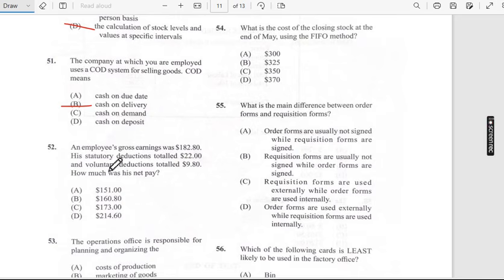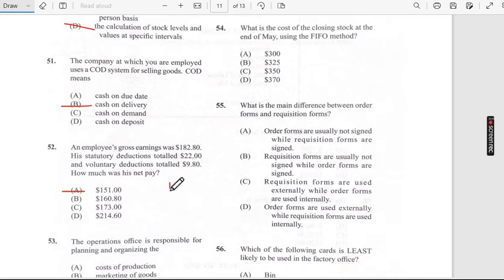Then another voluntary deduction of 9.80 out of the 160.80. Let me see, the answer will be 151.